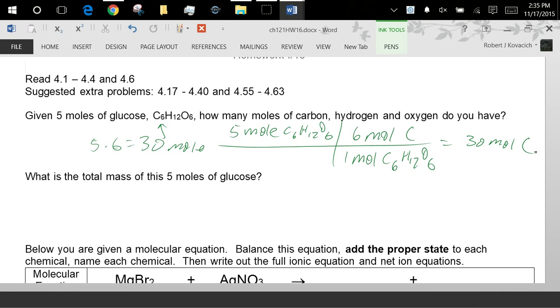So what is it going to be for oxygen? Also 30, right? And what's it going to be for hydrogen? 60? Okay.